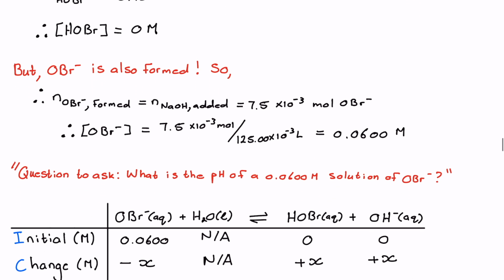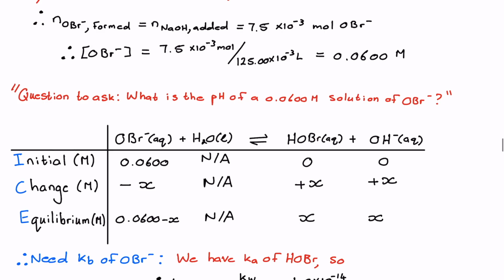Well, you would use a mass balance table, because it's essentially asking what is the pH of a 0.06 molar solution of a base. You would typically say, I need to know the concentration of OH minus. That would give me the pOH, and I would get the pH from that pOH. I have an initial concentration, and I'm interested in getting the concentration of OH minus at equilibrium. What do I need, however? I need the Kb of this conjugate base. But luckily, Ka and Kb of conjugate acid-base pairs link together.